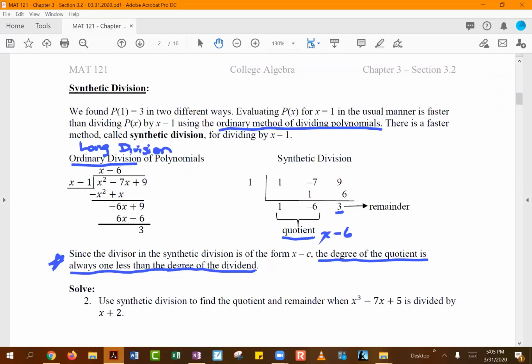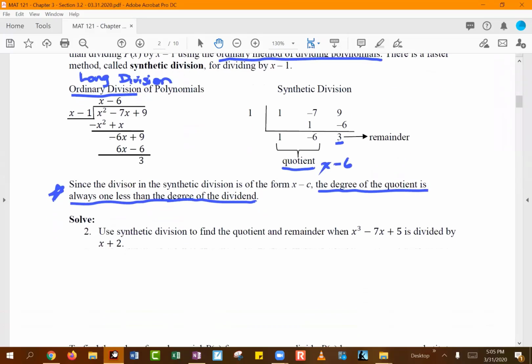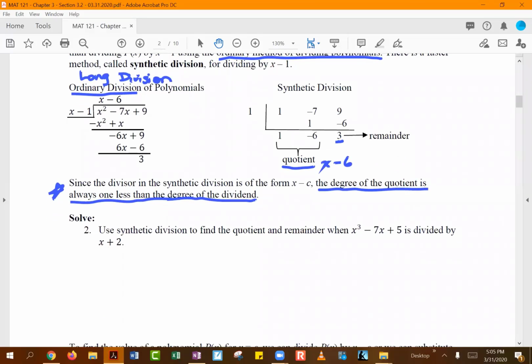And again, you can compare the calculation that I just did here in your handout. Just remember, and I have this underlined here, that since we are dividing our polynomial by x minus c, the degree of your quotient is always going to be one less than the degree of your dividend.